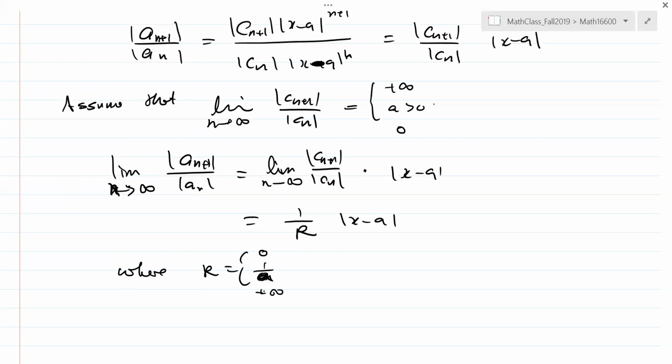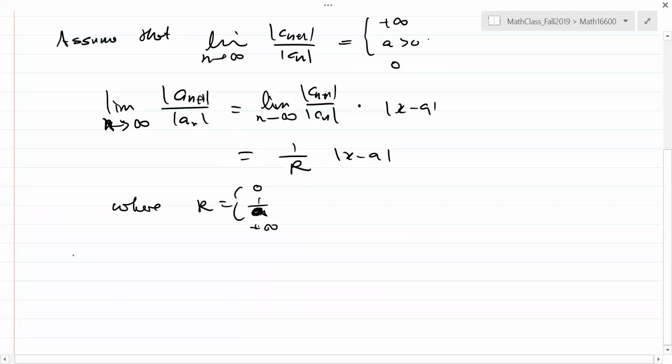Why have we put it in the denominator? Because I want to make sure whether this is less than 1 or greater than 1. So clearly, by the ratio test, if absolute value of x minus a is less than r, then this series is absolutely convergent.